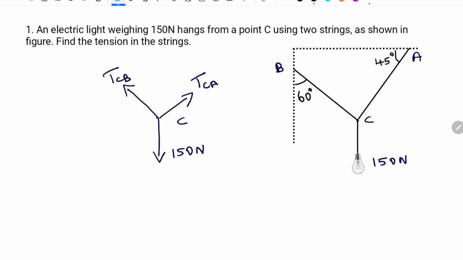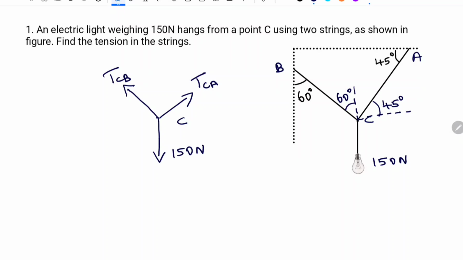To use Lami's theorem, we should know the inclination between all the forces. Between the wall and the string BC, the inclination is 60 degree. If I draw a vertical line here, this angle will also be 60 degree. Similarly, between the top surface and the string AC, the angle is 45 degree. If I draw a horizontal line here, the angle will also be 45 degree.